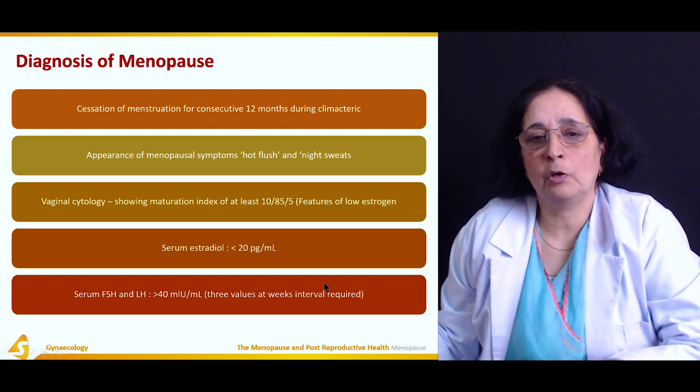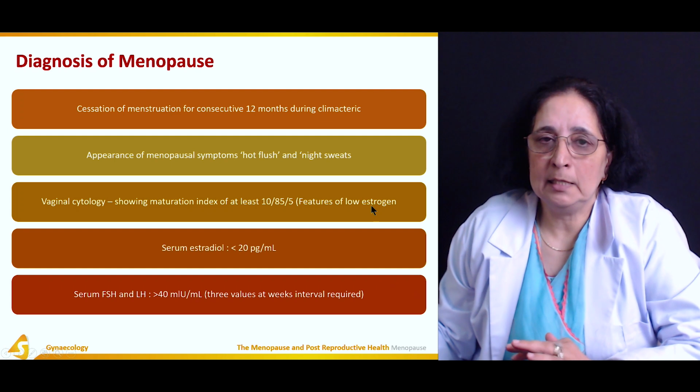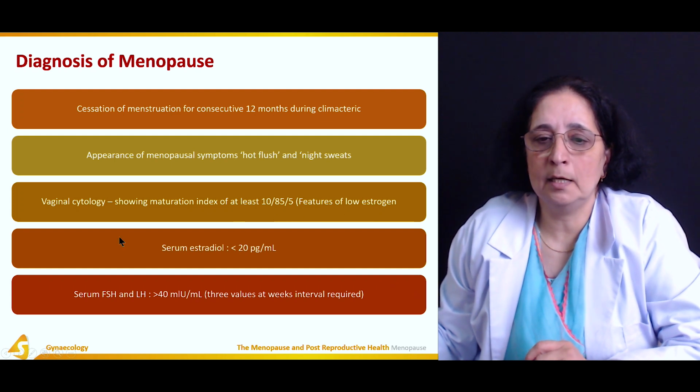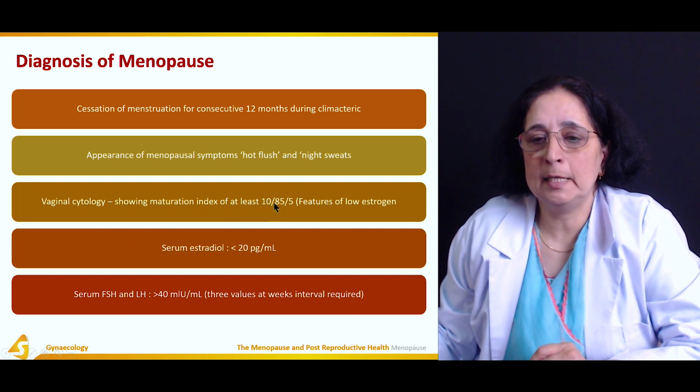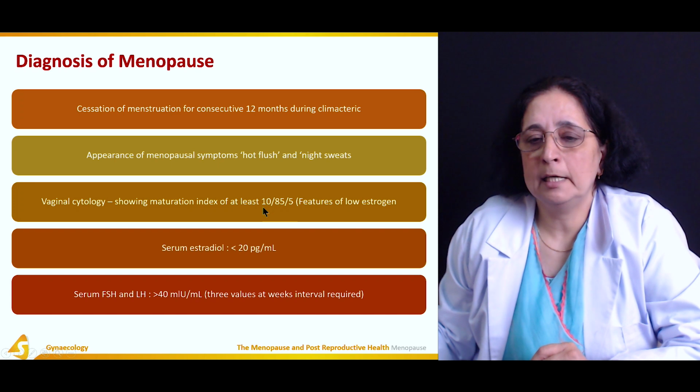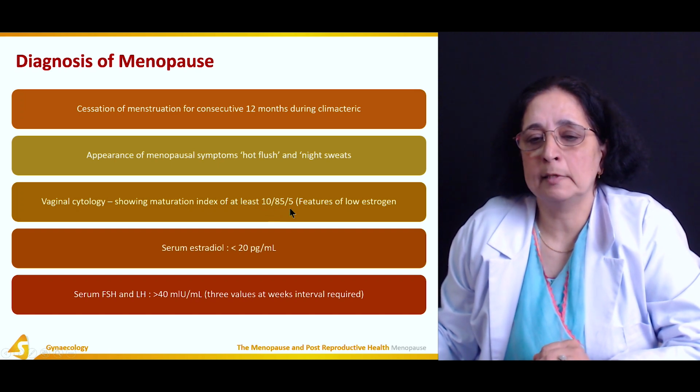This is the feature of low estrogen. When the cells of the vagina are studied under the microscope, this is the index. It is for the basal cells, middle cells, and the top level cells. So this is the maturation index.